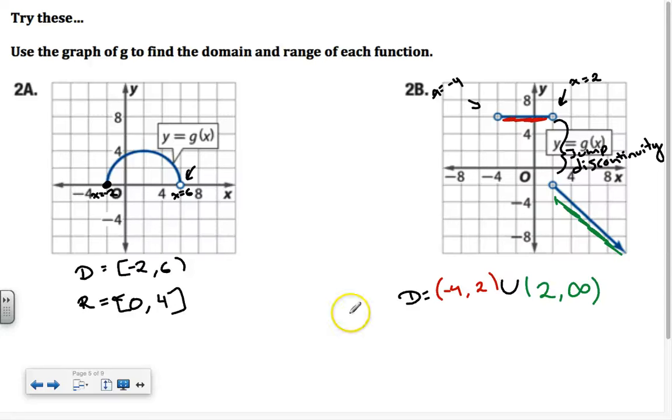Now the range is going to be a little more complicated. The range of this function is going to exist at f of x equals 6, but then it's also going to exist from 2 down to -infinity. I can try to write that as an interval.